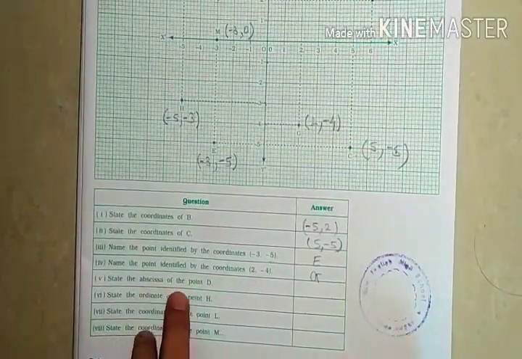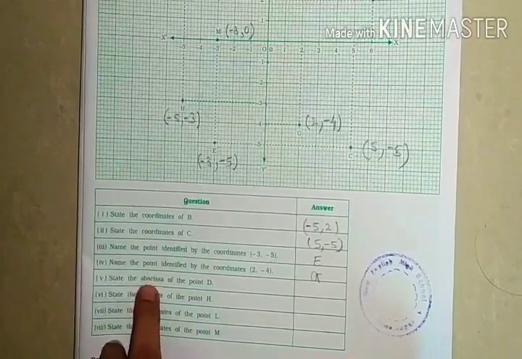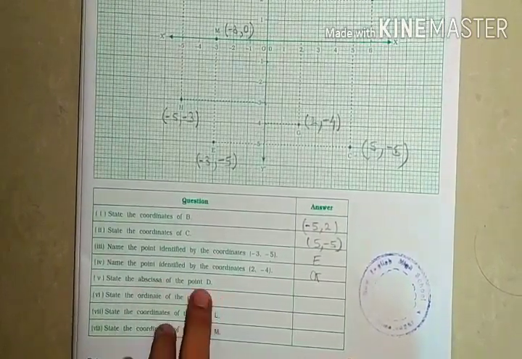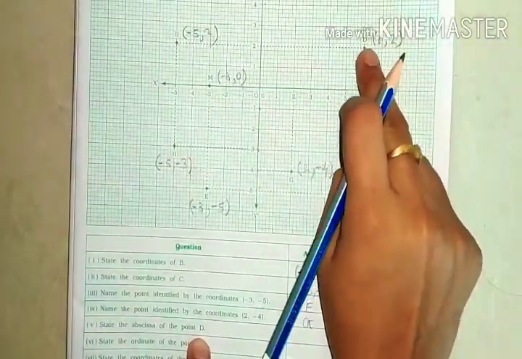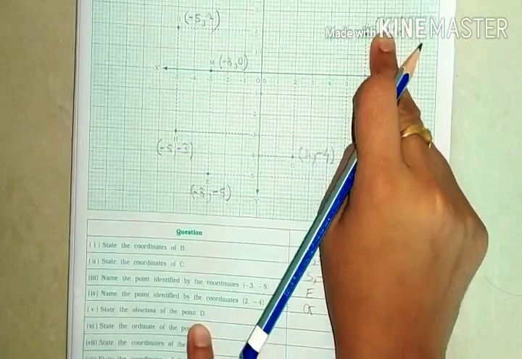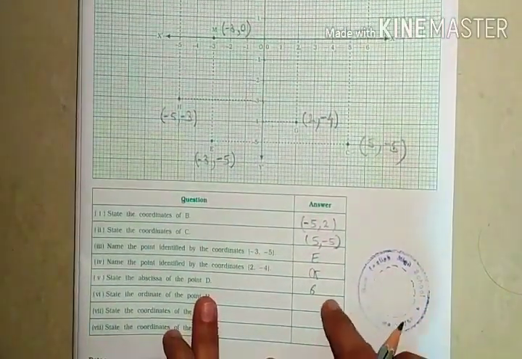State the abscissa of the point D. Abscissa means the x coordinate of point D. Where is point D? Here the x coordinate of D is equal to 6. Therefore you will write only 6.